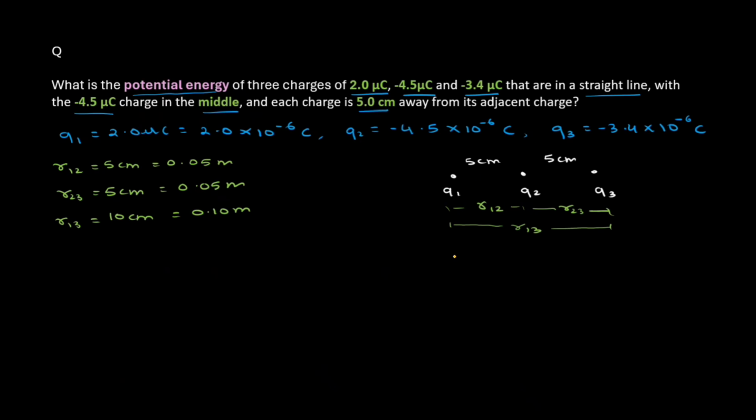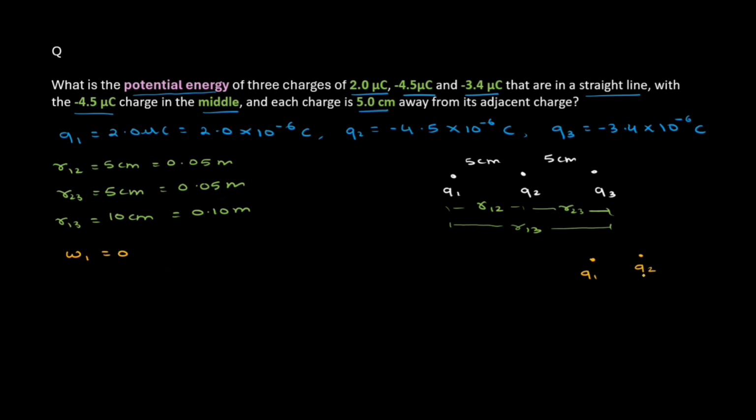When I bring Q1 to its position in the beginning, there are no other charges for Q1 to interact with. So work done in bringing Q1 from infinity to its position over here will be equal to 0, as there is no charge present for Q1 to interact with, and we have to do no work to bring it from infinity to its position.